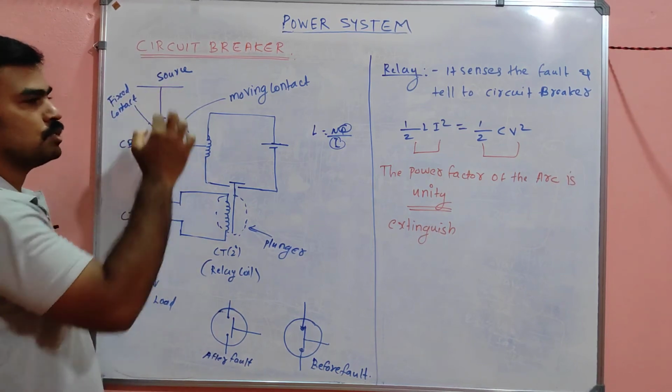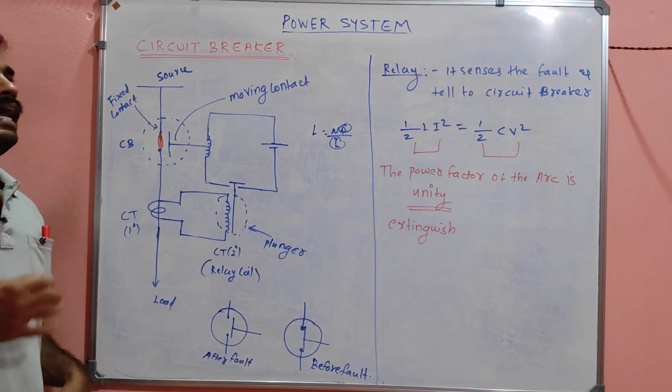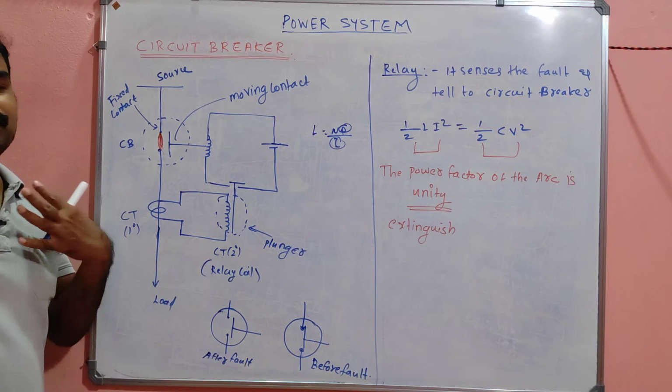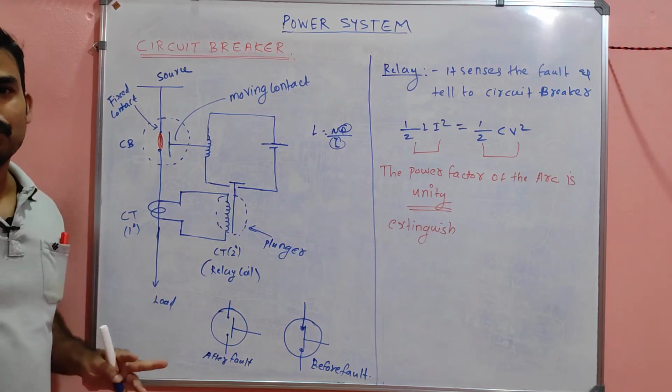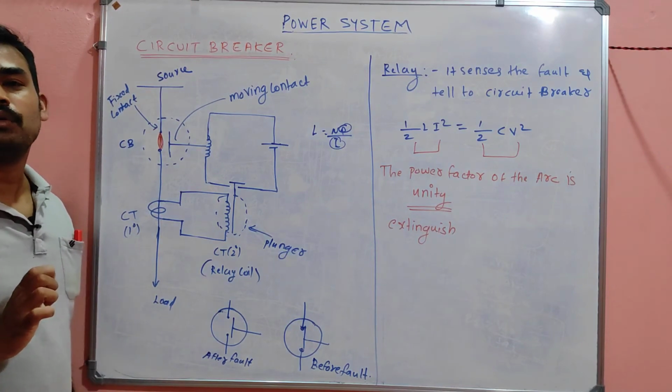That means the load and source will be isolated, and we have to check for the fault. If we confirm that the fault is removed, then we can switch on the breaker again.